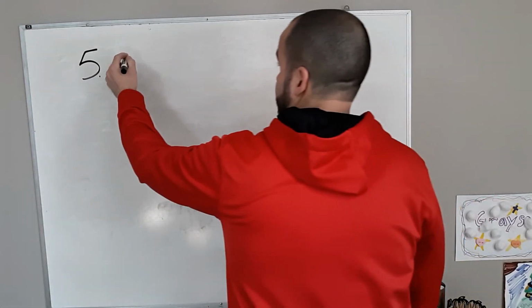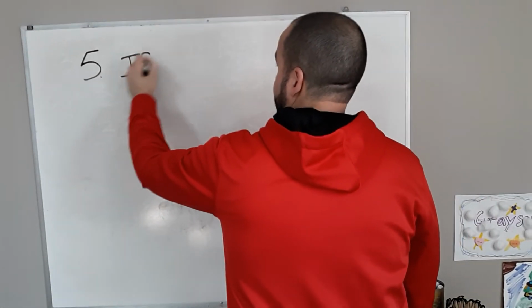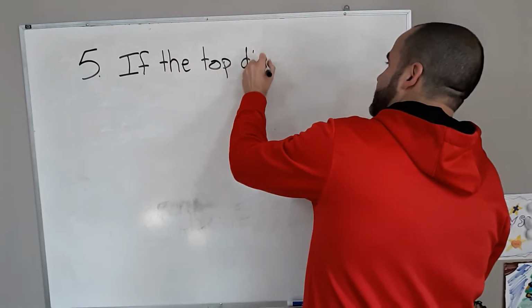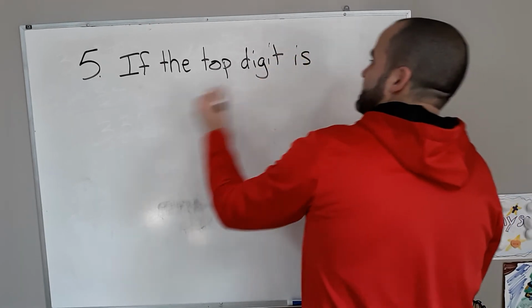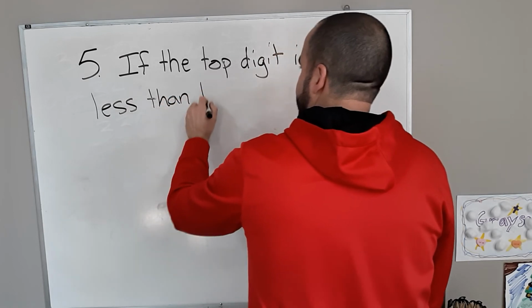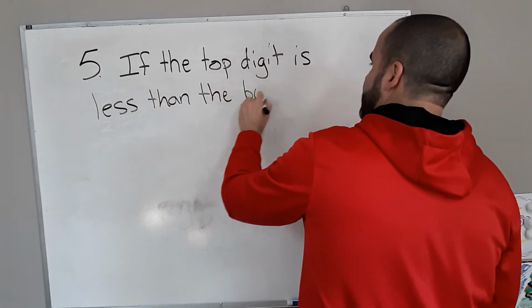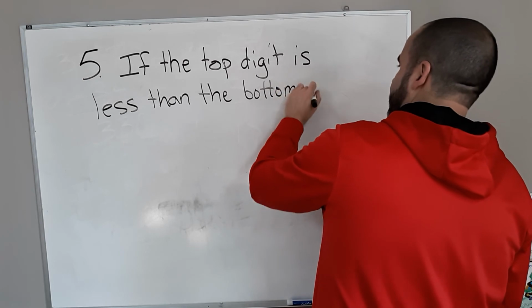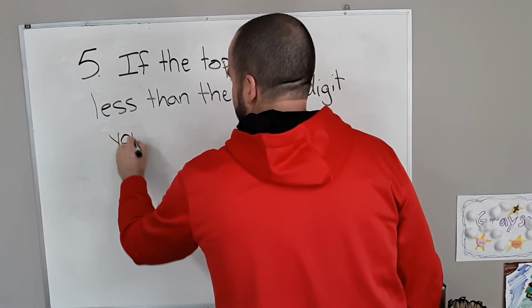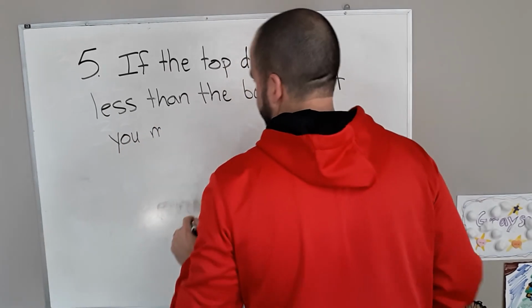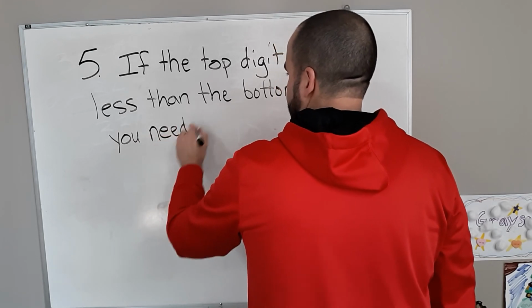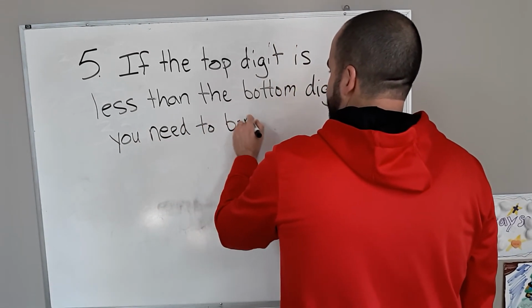So let's just write that: if the top digit is less than the bottom digit, you need to borrow.